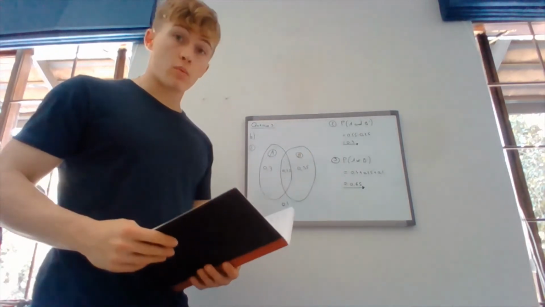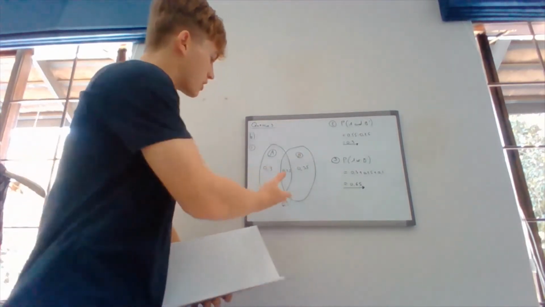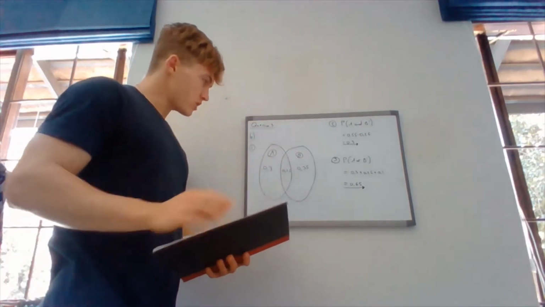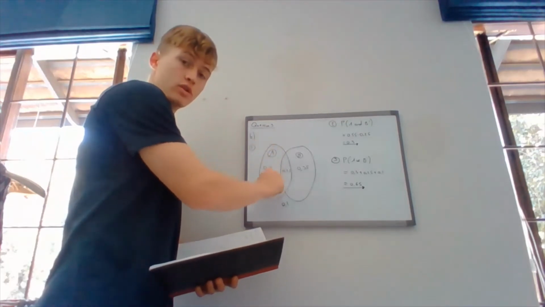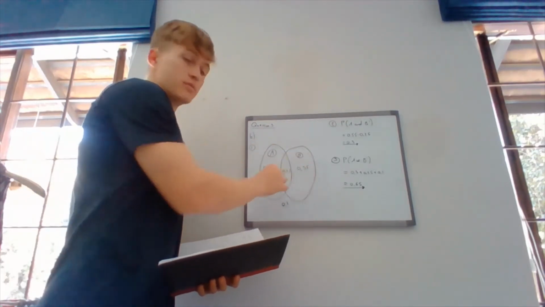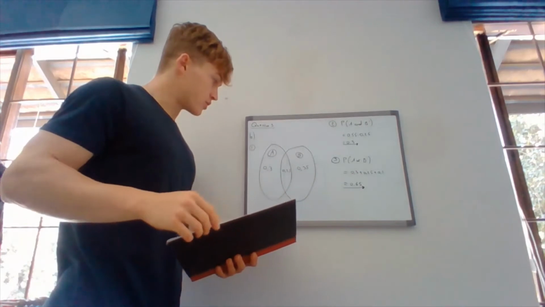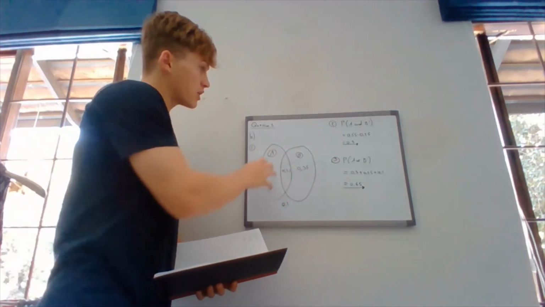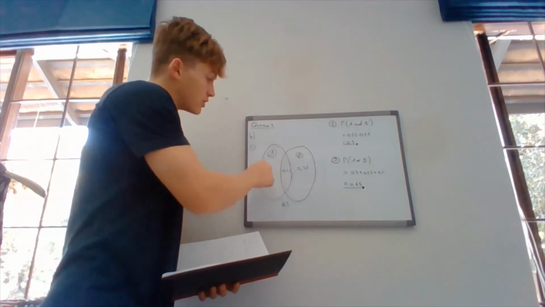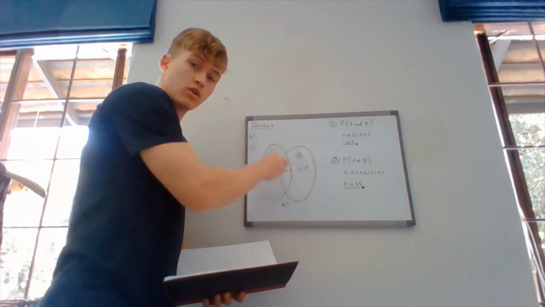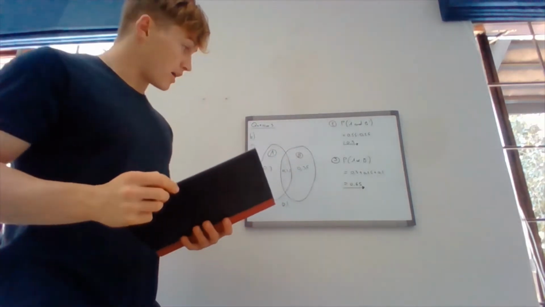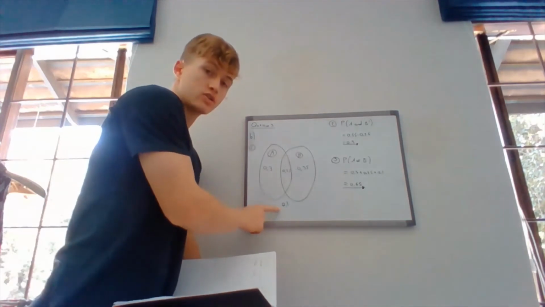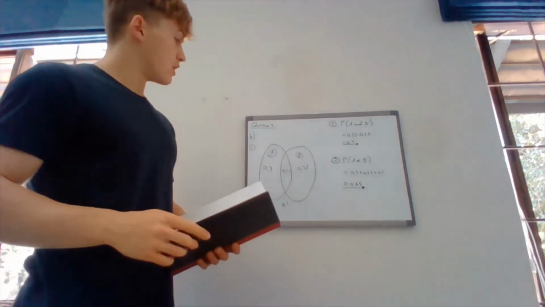Now, how I worked that out, again, looking back at the Venn diagram, I went 0.3, which is A on its own, without anything to do with B, plus 0.25, which is the middle section, since it's the whole of A, because it says A, so it's 0.3 plus 0.25, getting you the whole of A, plus 0.1, because there's this little 0.1 that you may have forgotten about originally.